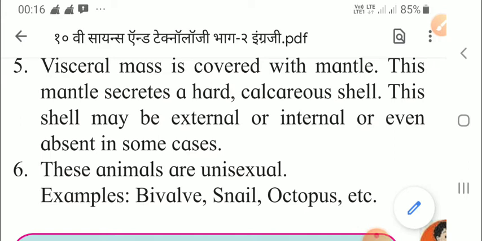As well as the terms I am explaining, such as ectoparasite, endoparasite, metamorphic, triploblastic, hermaphrodite, whatever terms are coming in between, I am trying to explain to you, children.